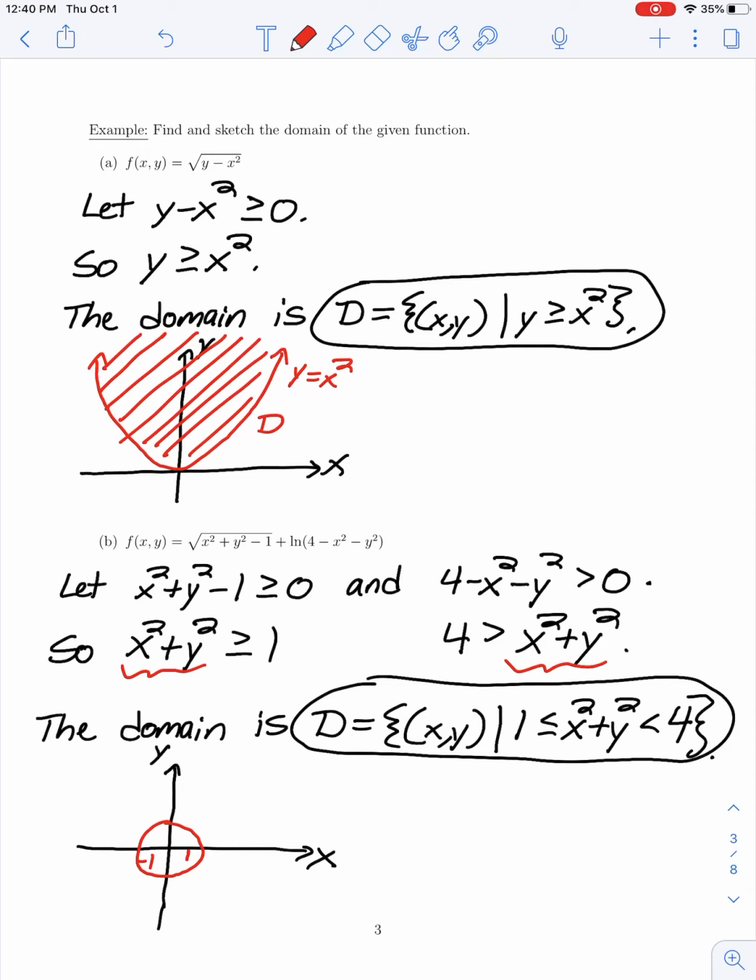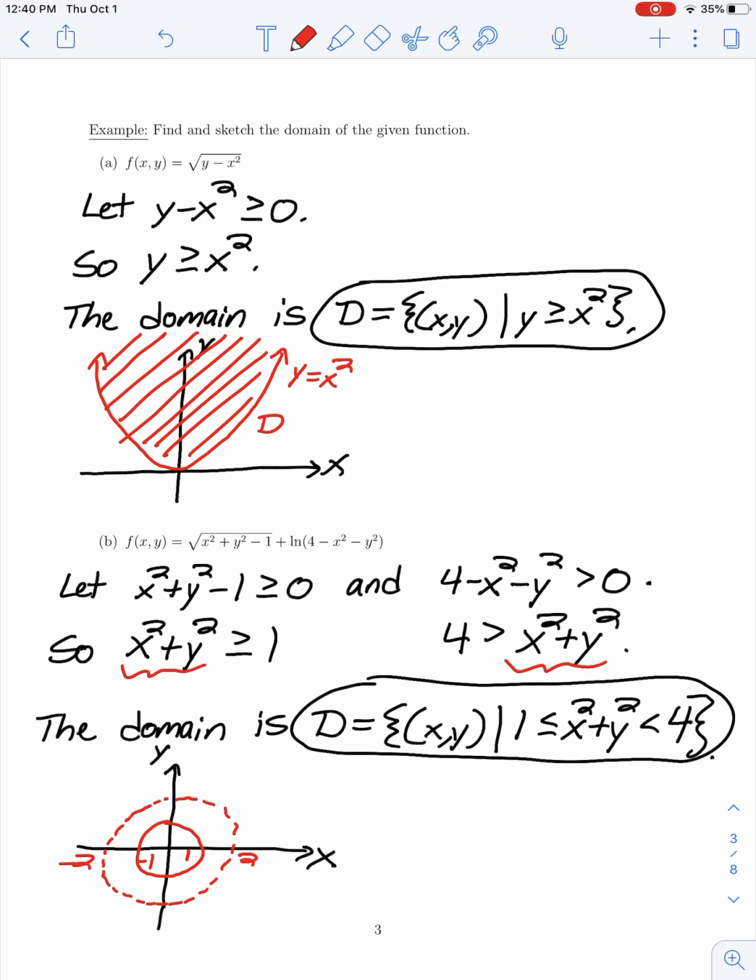Now, considering the other boundary of our domain, we had x squared plus y squared has to be strictly less than 4. Now, if x squared plus y squared was equal to 4, we would have a circle in the xy plane of radius 2 centered at the origin.